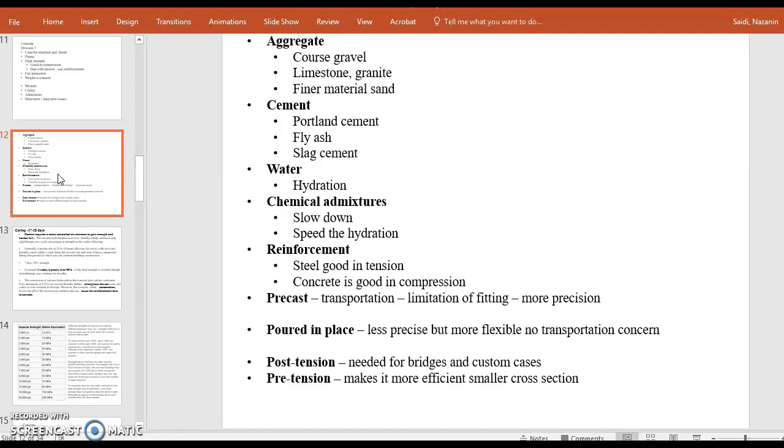Sometimes it's referred to as cement, and that's not a correct term. So concrete is made out of aggregates, using coarse gravel, limestone, granite, finer materials such as sand and other additives. Cement, Portland cement, fly ash, and slag cement. There are a few other variables as well.